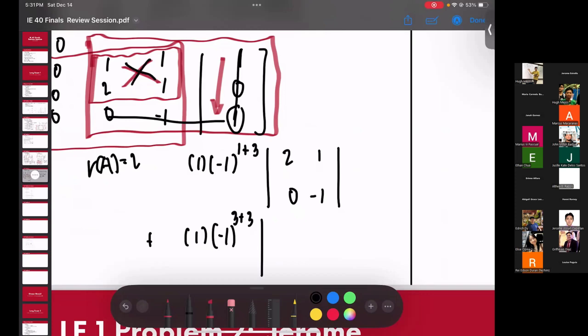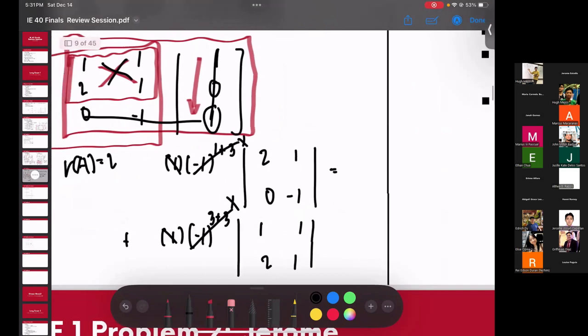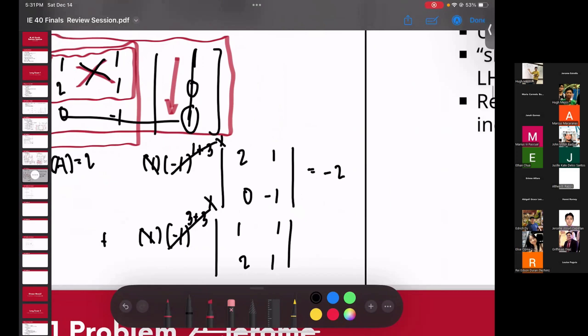So this is 1, 1, 2, 1. If you solve for this, these are both even, so it will just be positive 1. So effectively they will just cancel since it's all 1s. And then this is negative 2 minus 0, so negative 2.